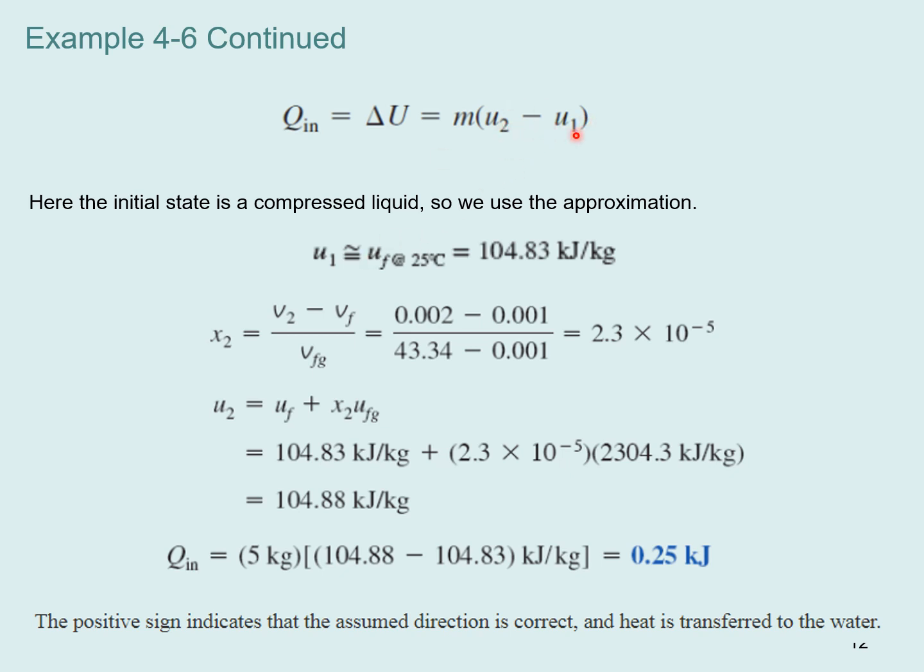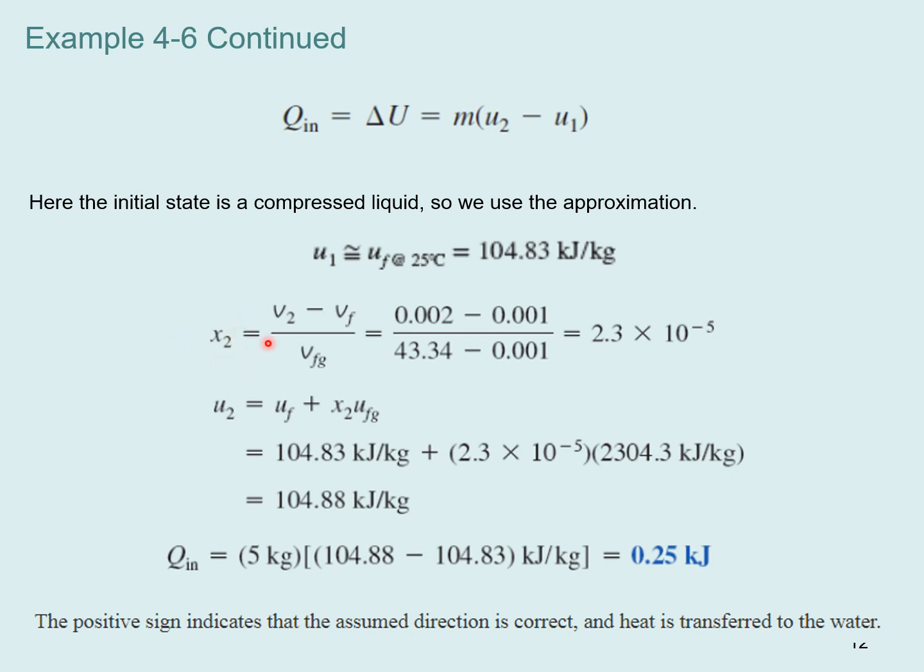So U1 we can find because we know what the state is. Again, we can use the approximation. It's a compressed liquid. So U1 is going to be approximately UF at 25 degrees C, which is in the table on the previous slide, so we can look that value up. U2, however, is a liquid vapor mixture, so we have to calculate the quality.